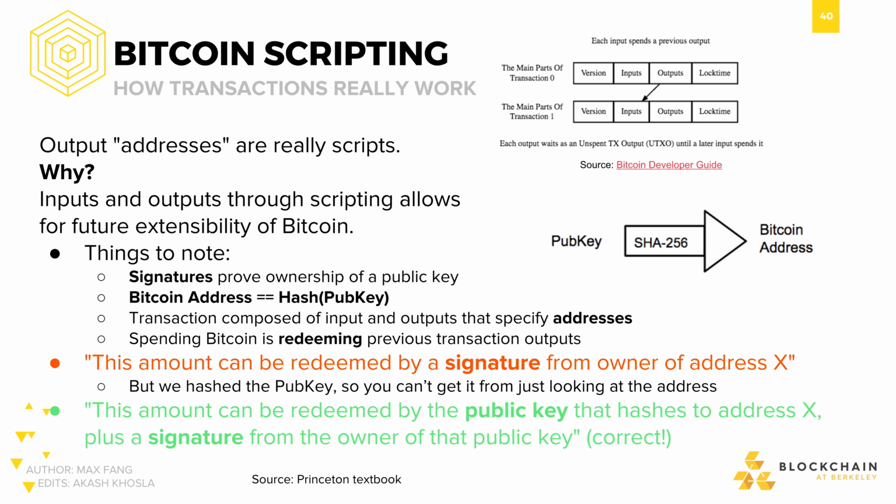All I'm saying is that you can only redeem an amount by having the public key and the signature. You cannot just redeem it by having the signature and knowing the owner of address X, because you don't have the public key. You only have the hash of the public key when you're looking at an address, or something much more complicated than just a hash, as we can recall. You have multiple hashes, so it's even harder.